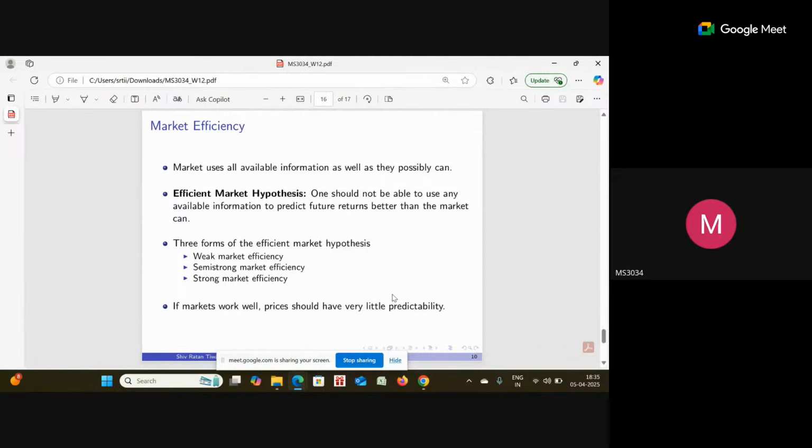Market efficiency is defined as the market using all available information, and whatever information is there is reflected in the asset prices in the market. This is the basic concept of the efficient market hypothesis: a particular investor should not be able to use any available information to predict future prices better than the market can.